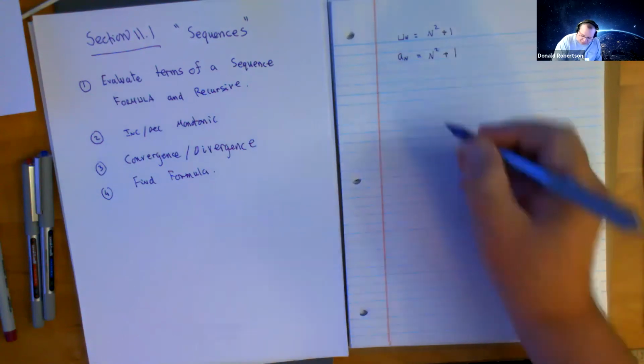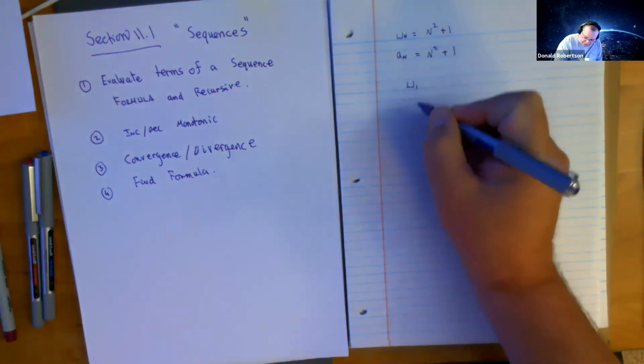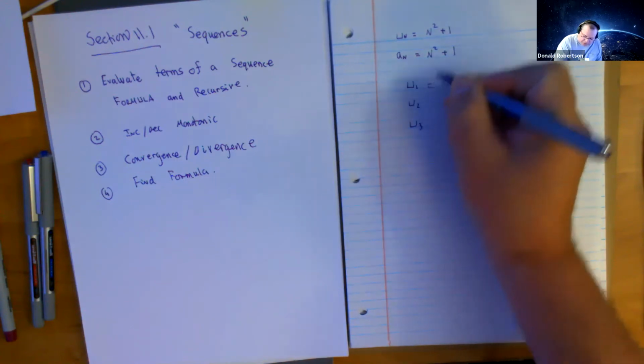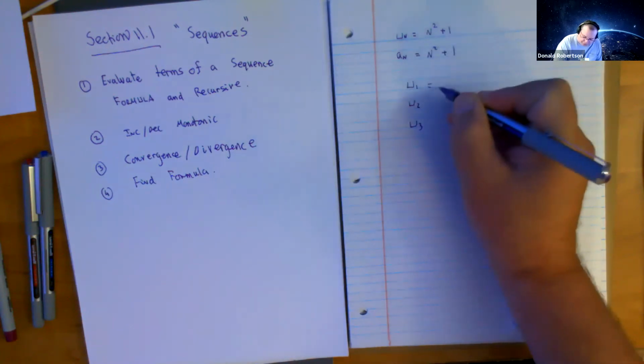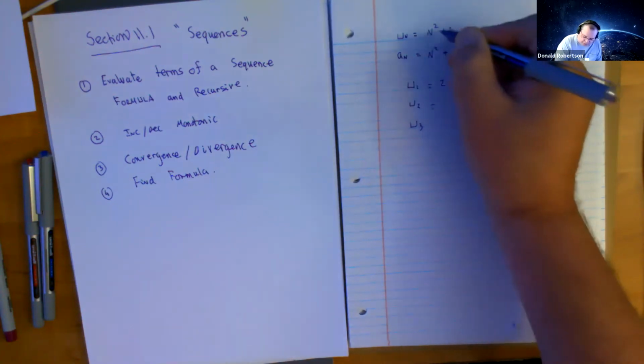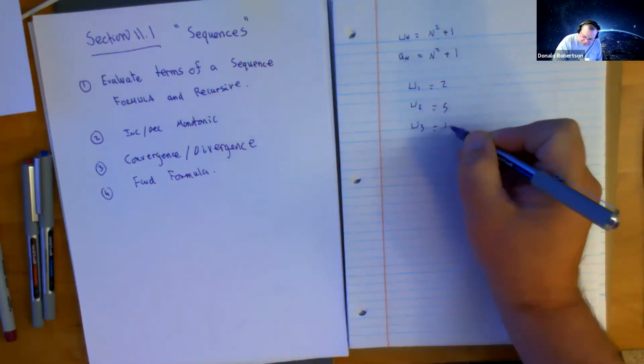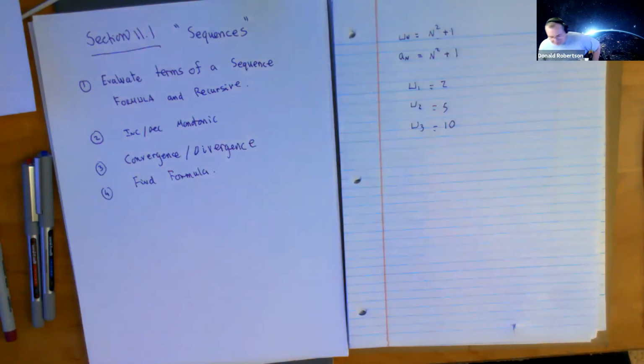If you're given a formula and you're being asked to find, say, the first 3 terms, you just go 1 squared plus 1, 2 squared plus 1, and 3 squared plus 1. So obviously, you'd just get your calculator and you'd do it. I have some notes on 11.1.